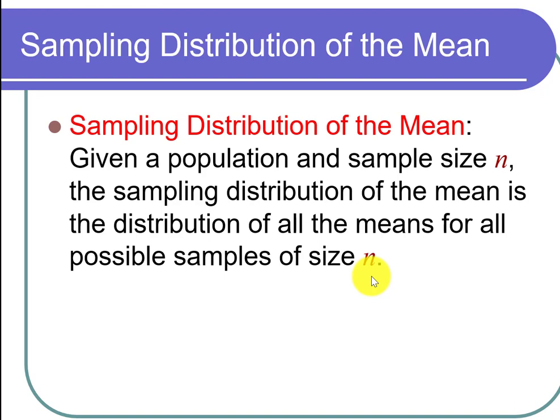If you look at all the mean weights for all the possible choices for those 500 people, and you draw a histogram, then that histogram will portray the shape of that distribution, and that is called the sampling distribution of the mean. Notice the sampling distribution is different from the distribution of a particular sample. The sampling distribution is about all possible samples, not about a particular sample.